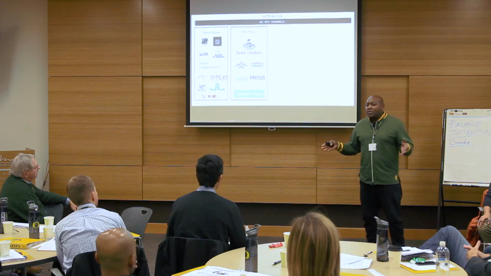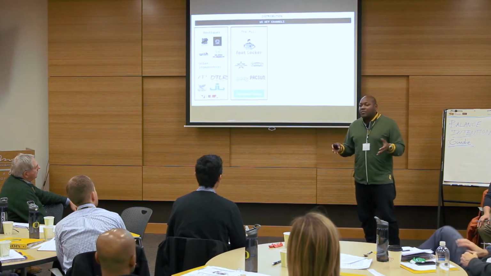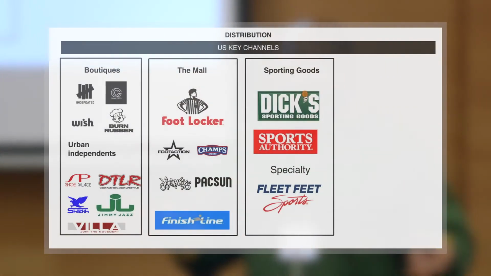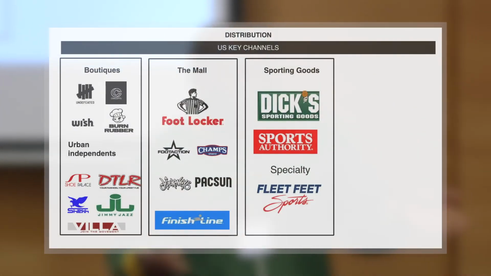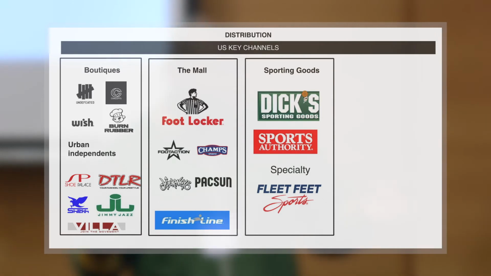Add another 800 stores globally, and they're basically the biggest players around the world because of their distribution alone. To compare that to Dick's in the sporting goods channel, Dick's is probably 400, 500, maybe 600 doors. So not even half of that, right? And they're a huge player in the sporting goods business.